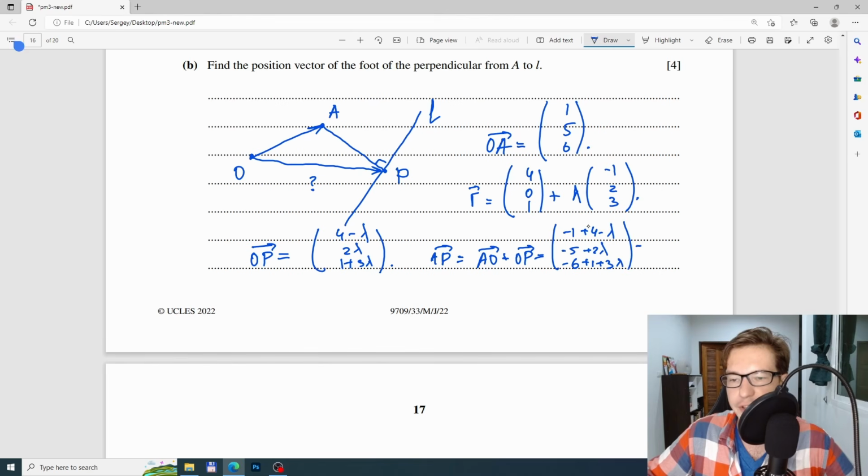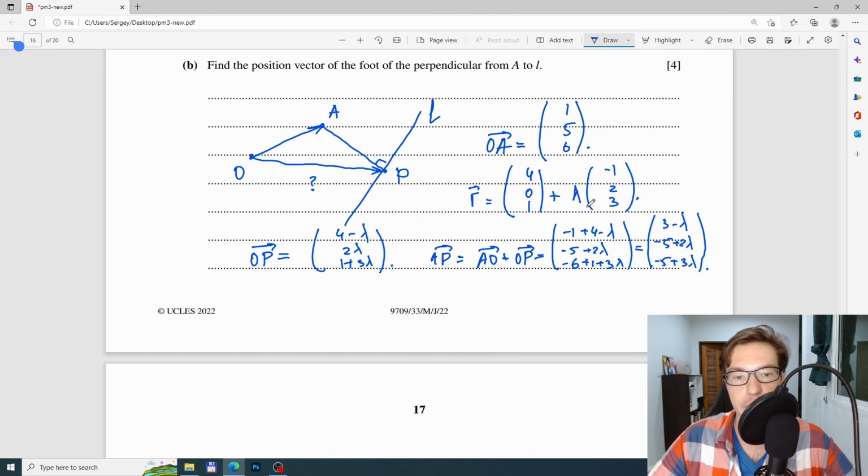And I can simplify this, and it's going to be 3 minus lambda, -5 plus 2 lambda, and -5 plus 3 lambda.